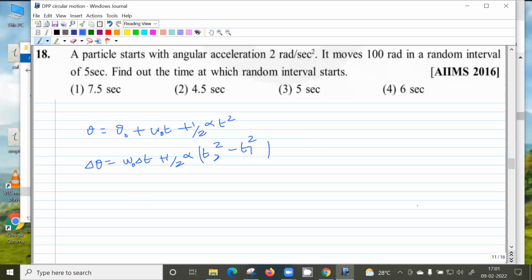And for this, use 100 radians. Okay, it starts from rest, so omega naught is 0. So the time interval.